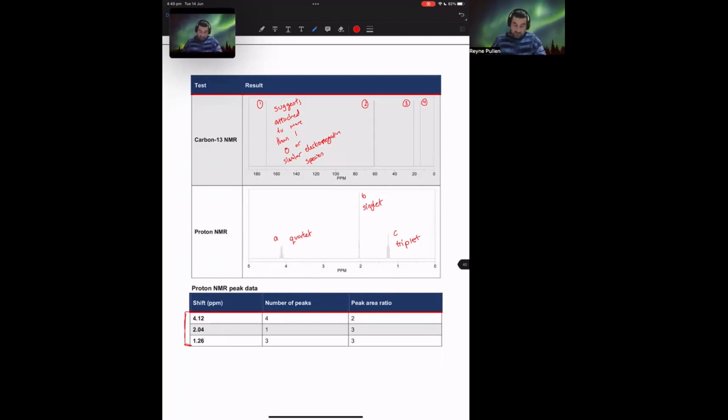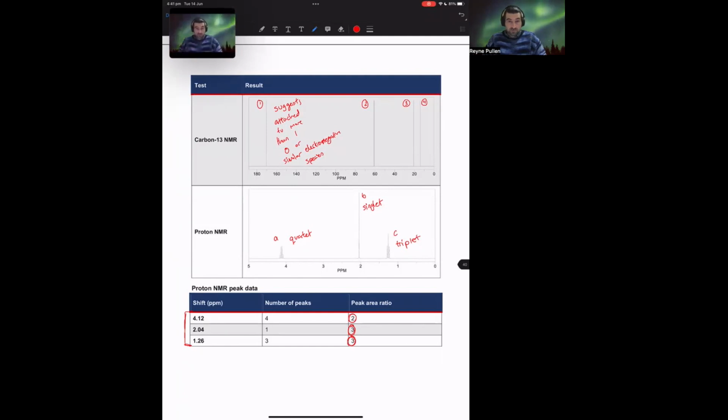So for instance, the quartet peak A at about 4.12 ppm says to us that there are 2 hydrogens in this environment, compared with say 3 at peak B and then 3 at peak C. Now, as I have mentioned before, and something you should keep in your mind is that these ratios don't necessarily mean that there are only 2 hydrogens, 3 hydrogens, and 3 hydrogens.